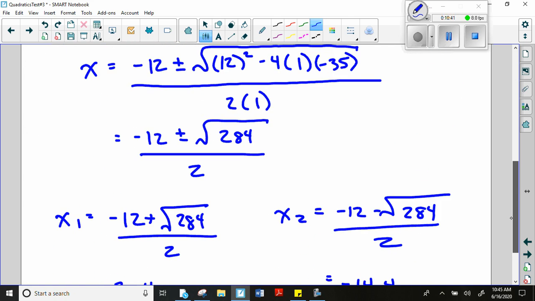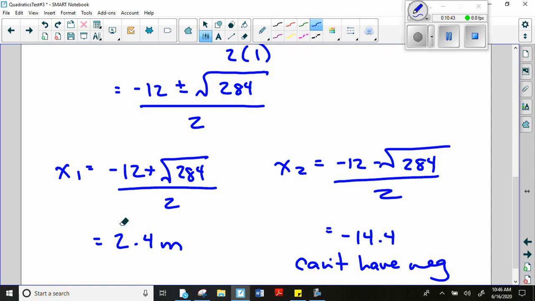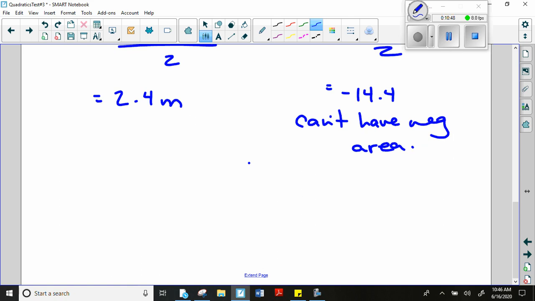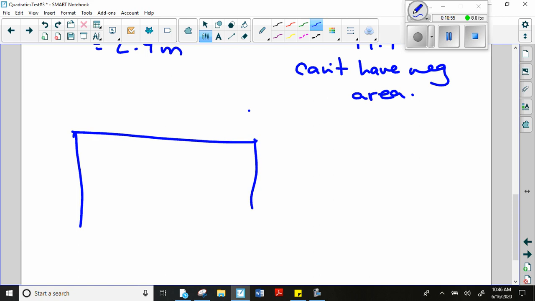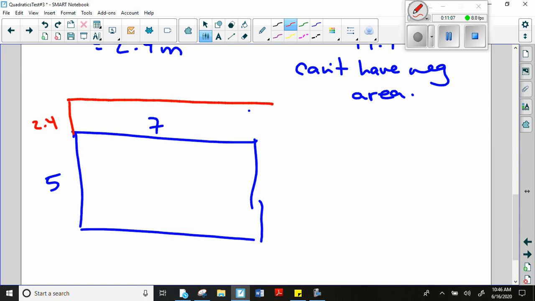So this is how much each of the dimensions should increase. So if this is 5 and this is 7, now you're going to take it up 2.4, and you're going to add right here an extra 2.4, and you've made the property double the original area.